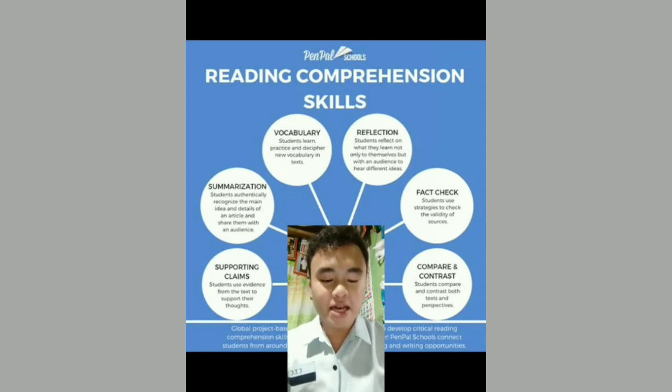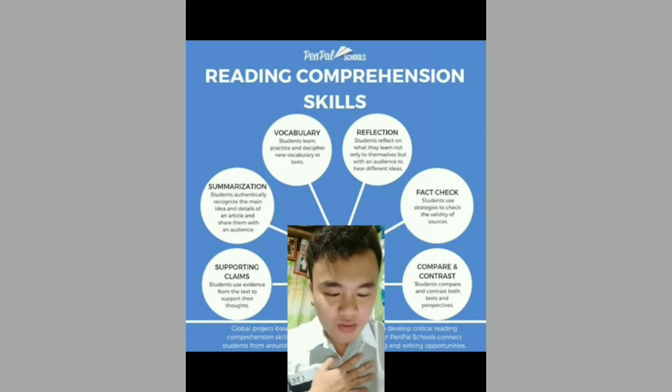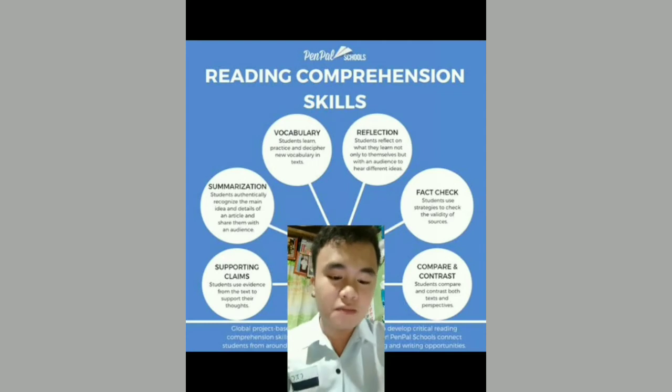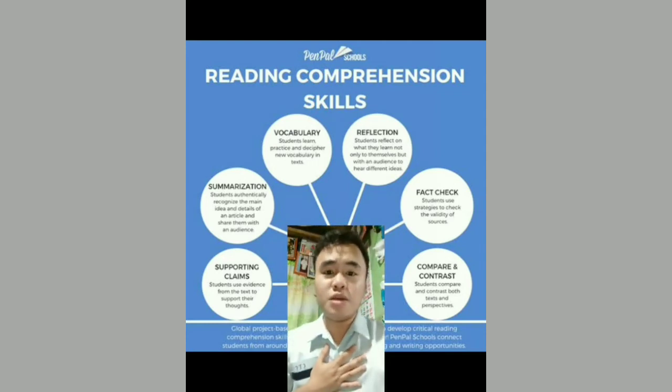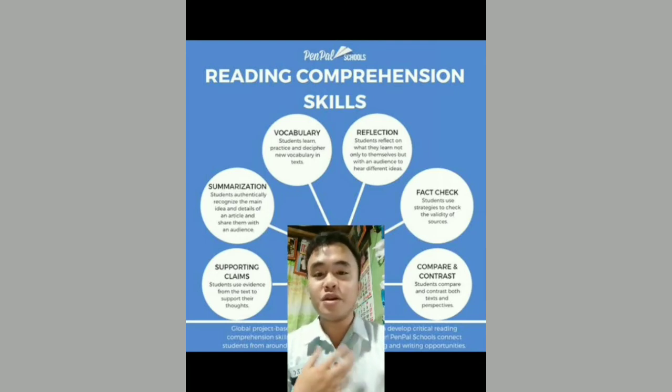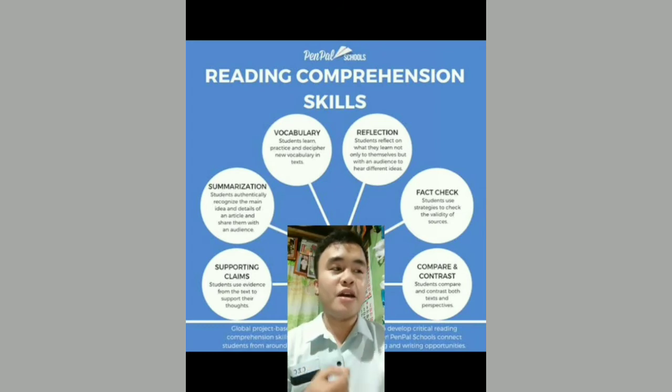Number 5 is fast check. Fast check is when students use a strategy to check the validity of resources. It means that, for example, you are a teacher. After the discussion, you are going to fast check the students, right? So you will ask the students if there is any clarification or any question that they want to know.